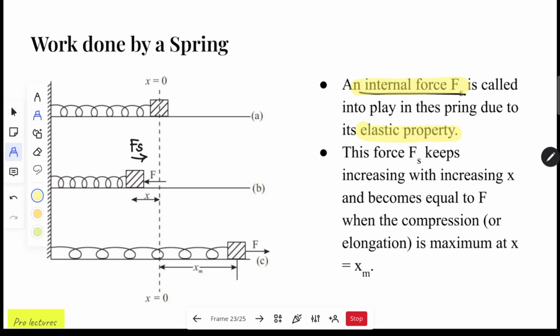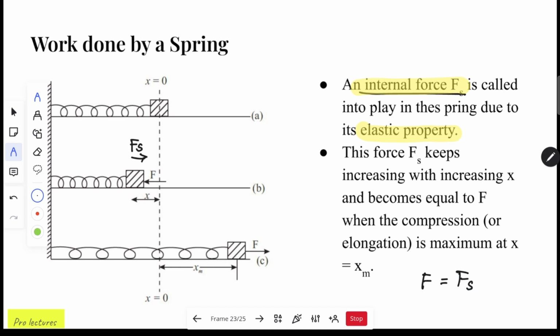This force Fs keeps increasing with increasing x and becomes equal to F when the compression or elongation is at maximum. Therefore, at the maximum position, F will be equal to Fs, in the opposite direction.